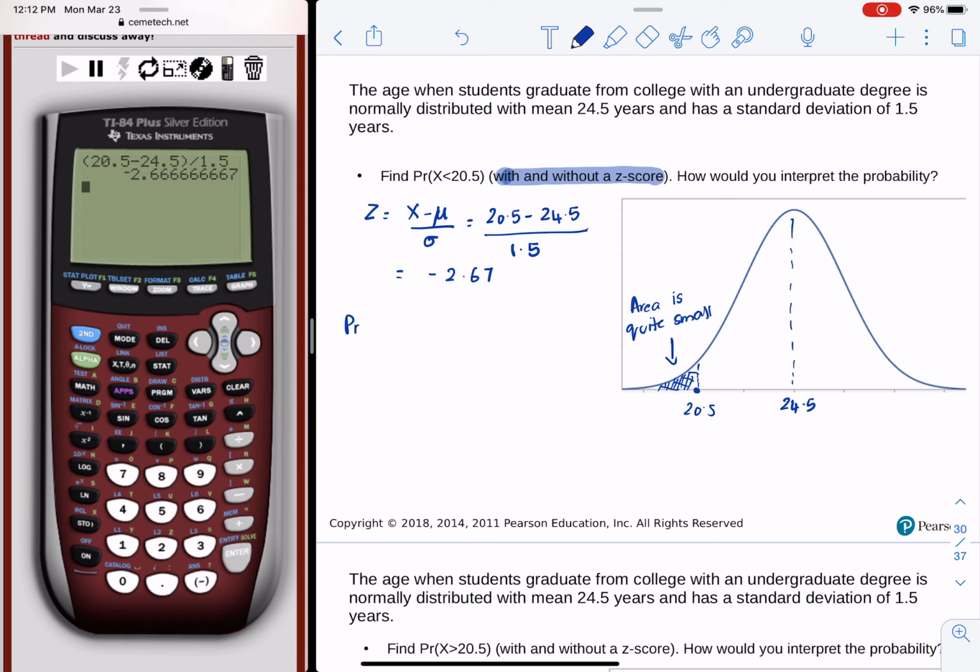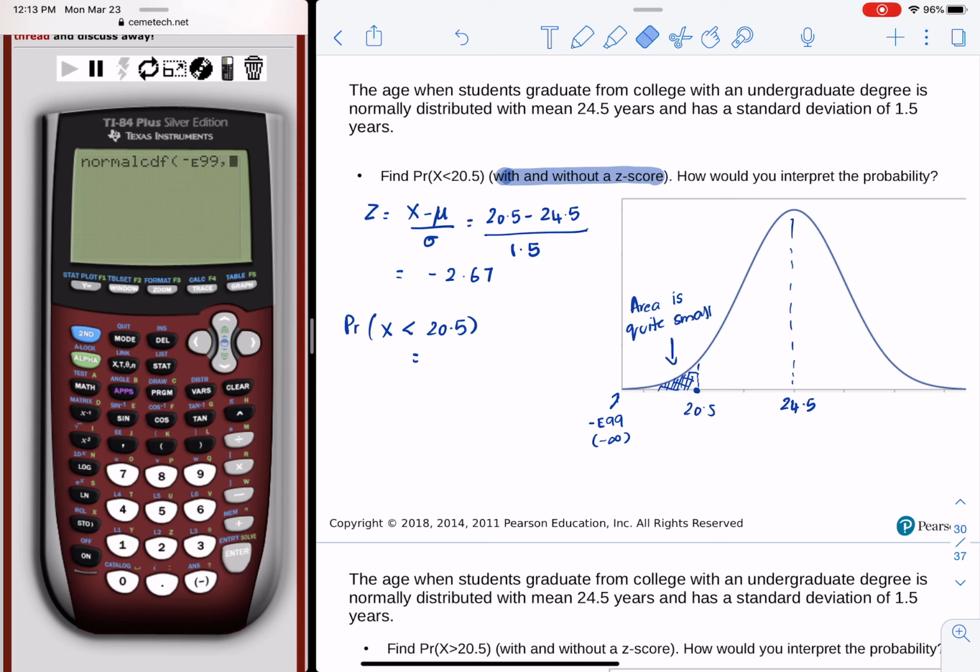So the probability that x is less than 20.5, we can find it using the calculator. Press second vars. Number 2, the lower endpoint here is negative infinity. So in the calculator, it is negative E99. So press negative, second comma to get E, and 99, that is our lower endpoint.